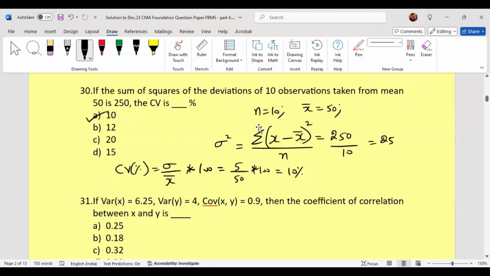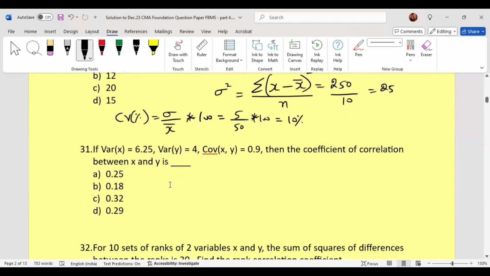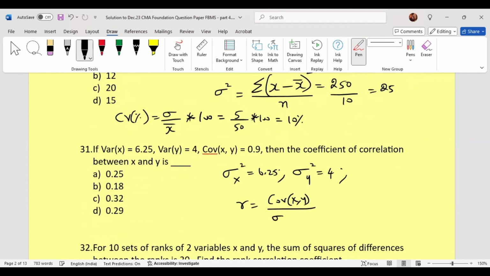Next one. If variance of x, so sigma x square is 6.25. Sigma y square is 4. And covariance is given as 0.9. So R is what? R is covariance of x comma y divided by standard deviation of x into standard deviation of y.